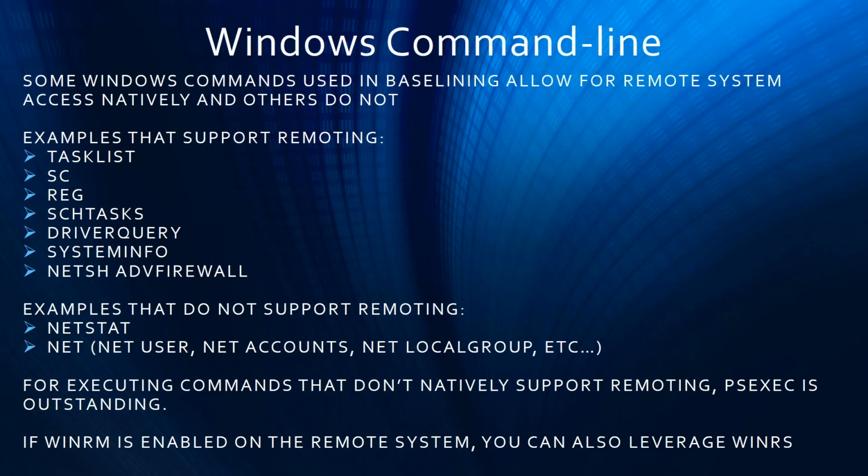We can leverage it to reach across the network, query a couple different systems, and pull back that task list and look at it compared to what our baseline is. And same thing with these others. Scheduled tasks becomes important just because of the fact that a lot of attackers will use that as a persistence mechanism to kick off malware, kick off a script to send them back a command shell or PowerShell. So we need to understand those.